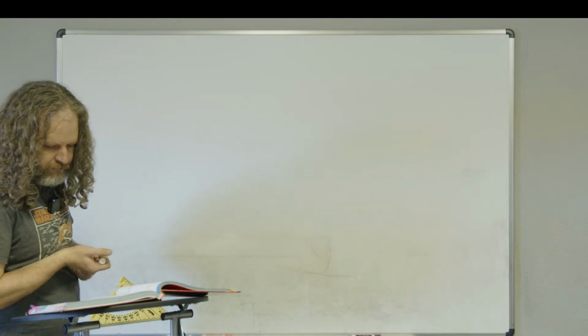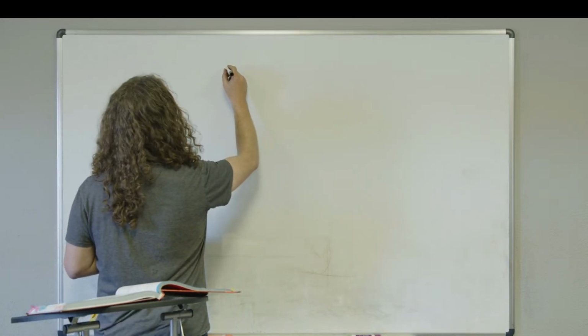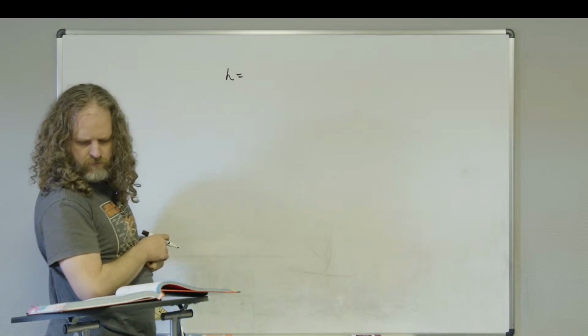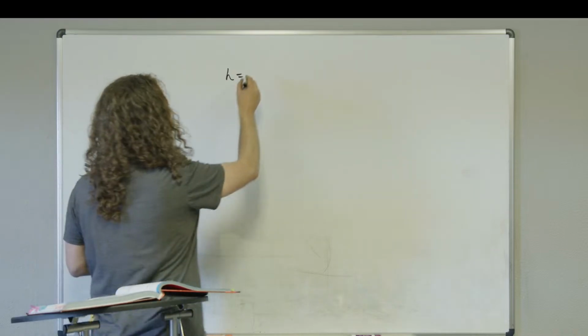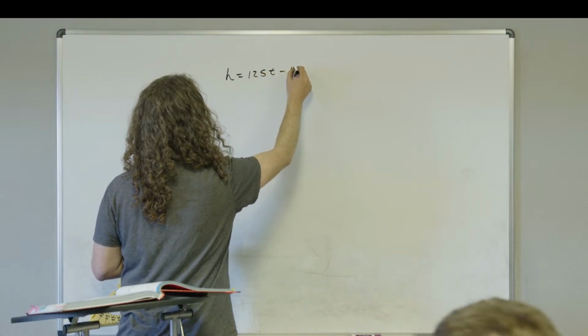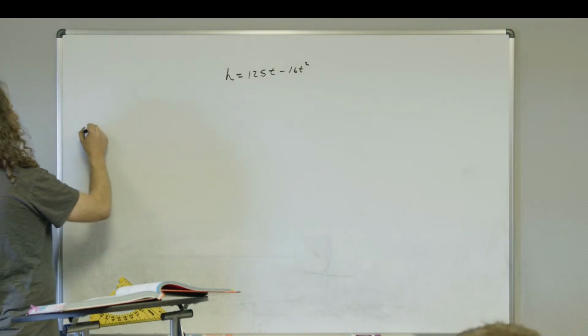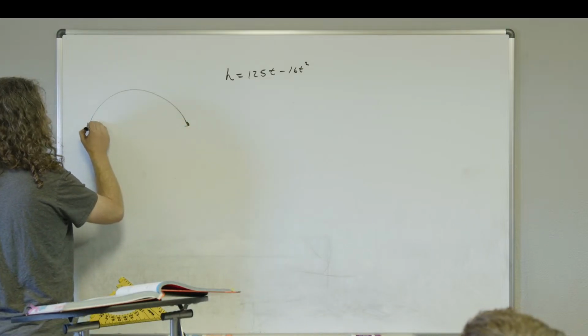So let me write down our puzzle pieces. Okay. Our formula is h equals 125t minus 16t squared. Right? So, we launch the thing, it ends up at the ground, right?